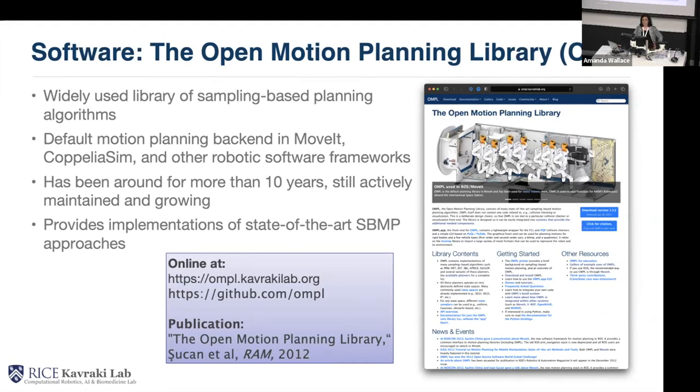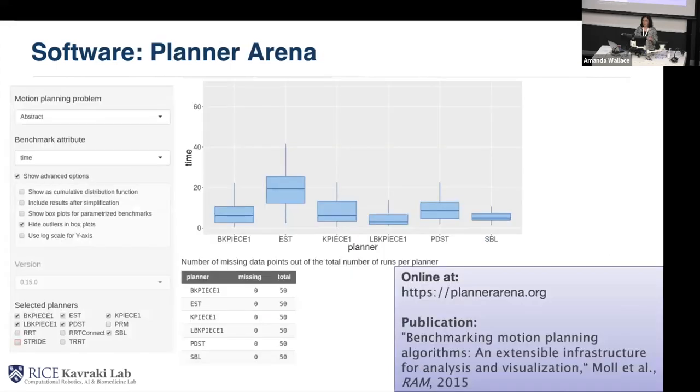The library is about 10 years old right now, but still actively maintained and used. And as I said, it provides implementations of state-of-the-art sampling-based motion planners. So by forcing a common interface, by forcing all these planners to use the same core concepts for collision checking, we can arrive at a comparison of these planners.